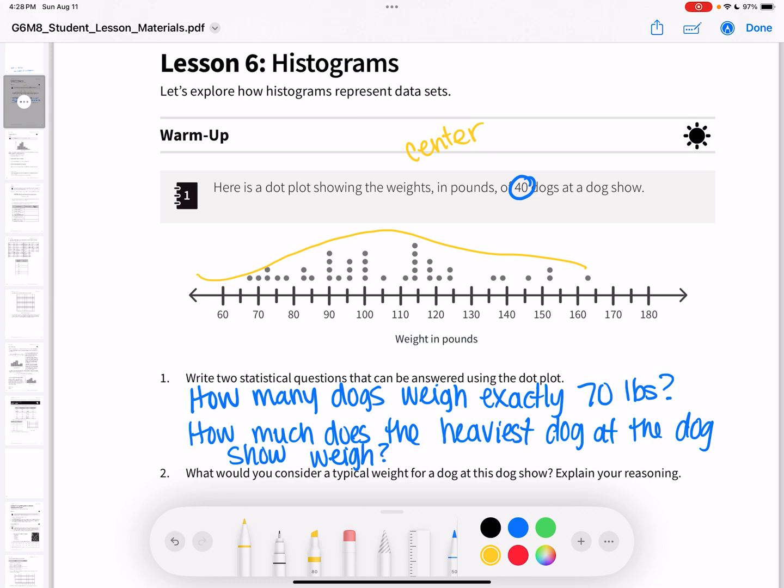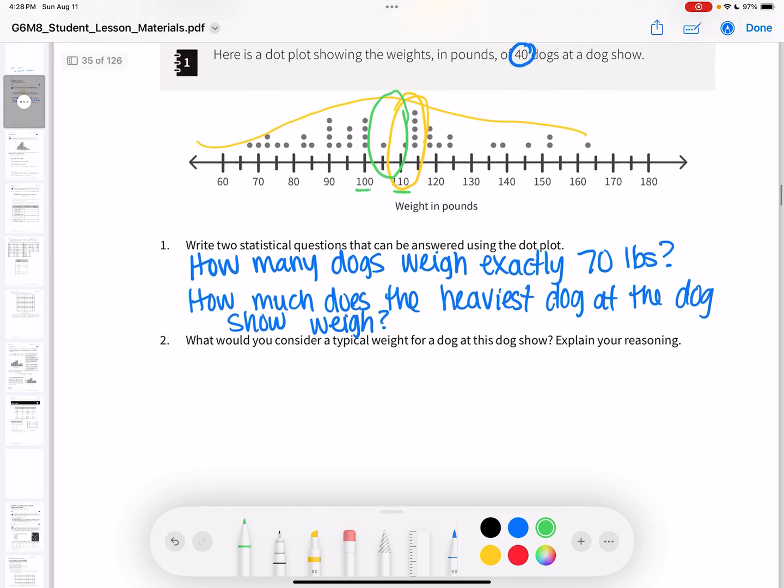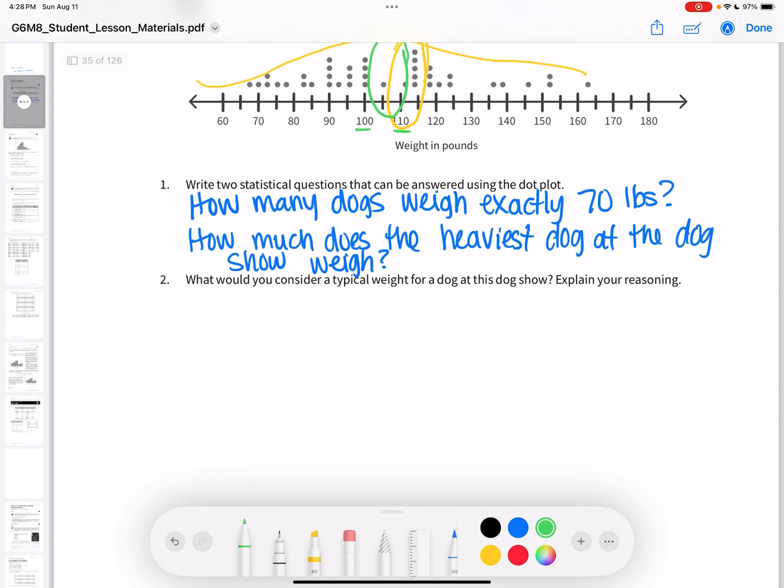I would say falls somewhere around here, maybe? That might be a little too high. Maybe more around here. So between 100 and 110. So any number between 100 or 110 will be good.